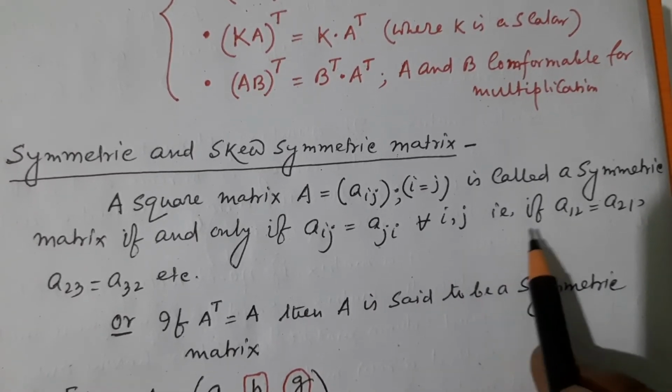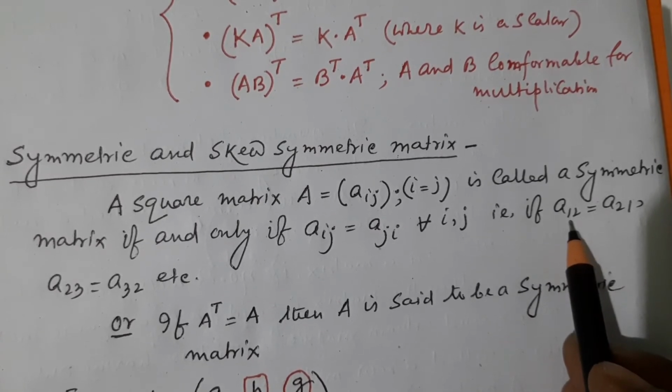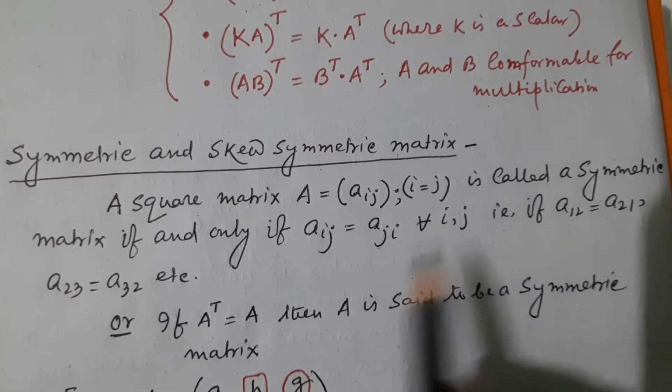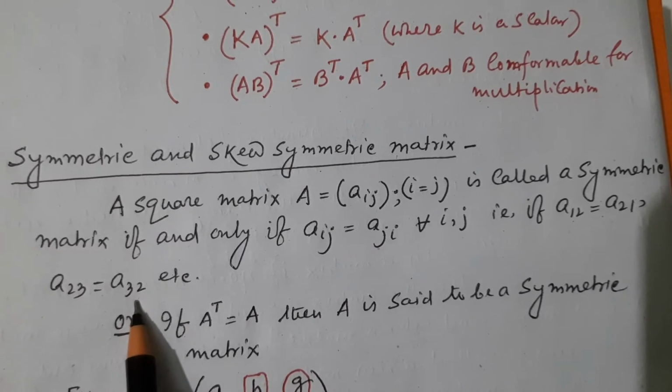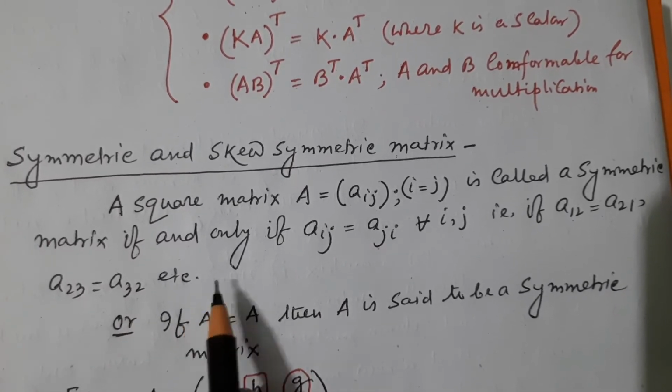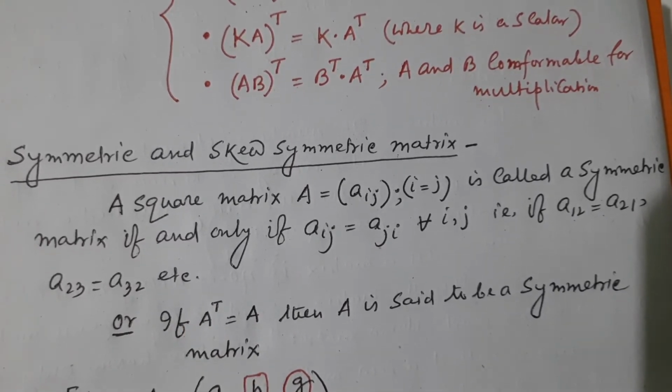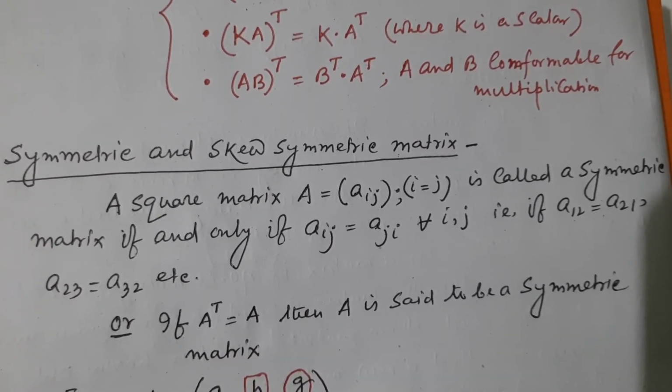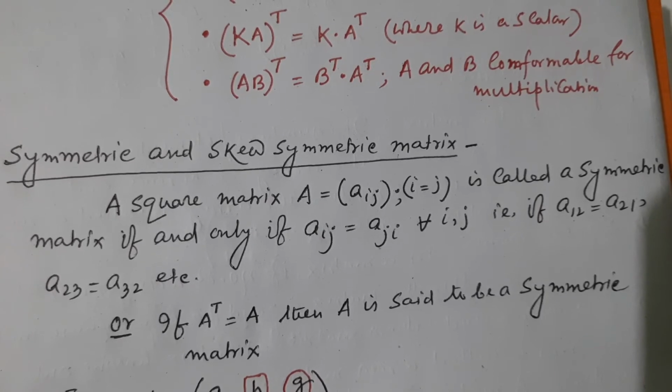That is, A12 must equal A21 and A23 must equal A32, etc. Or if A transpose equals A, then A is said to be a symmetric matrix.